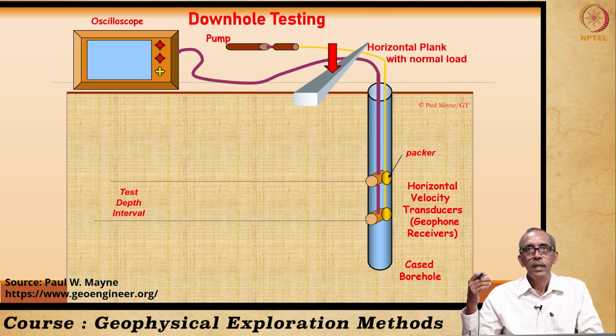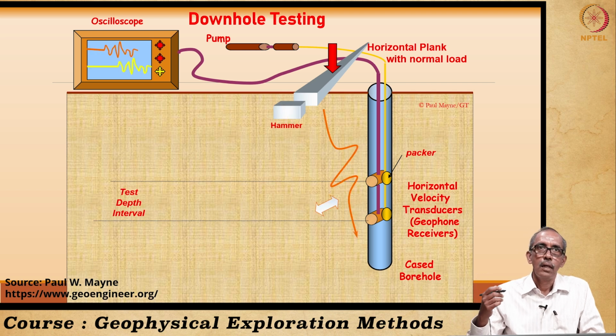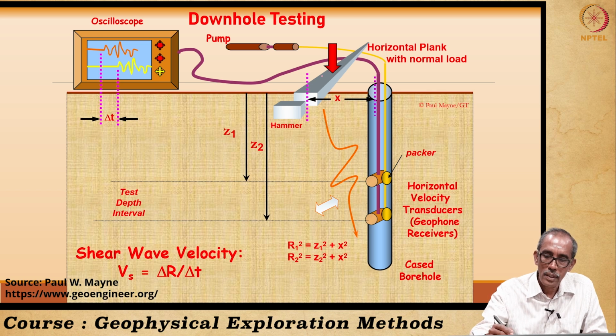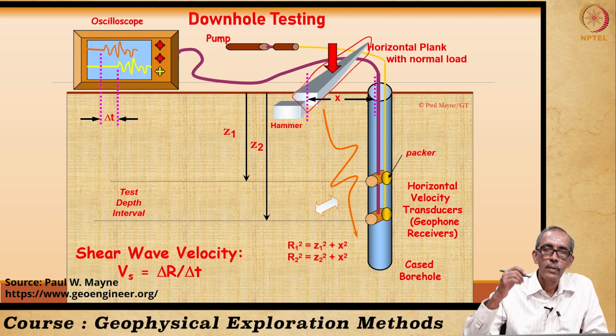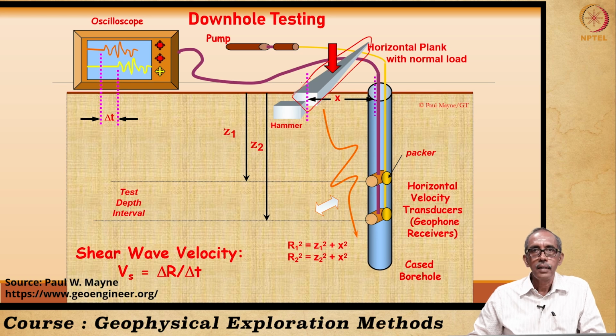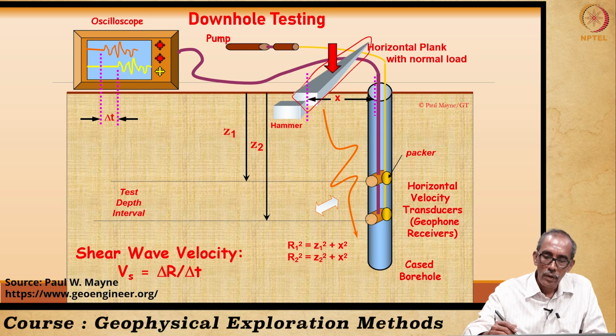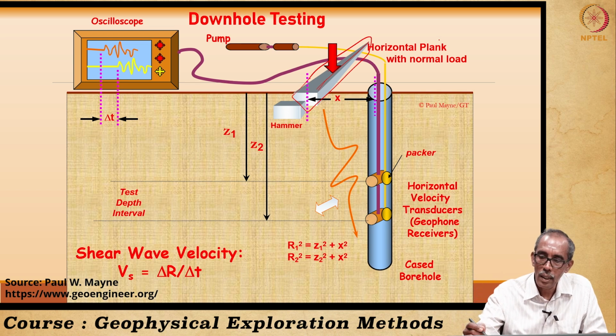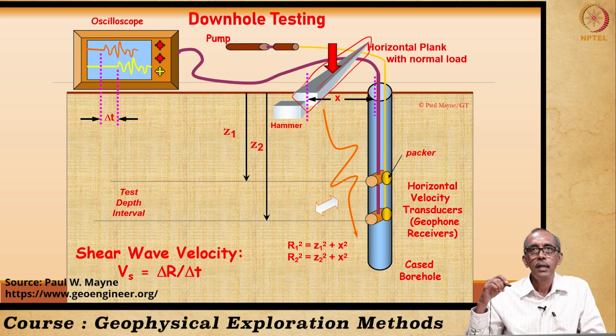Here we have a source at the surface, right. So as I told you, the source is kept at the surface, right, and when you give a blow to this source, usually we have a hammer blow, or we may also have a horizontal bar, right.